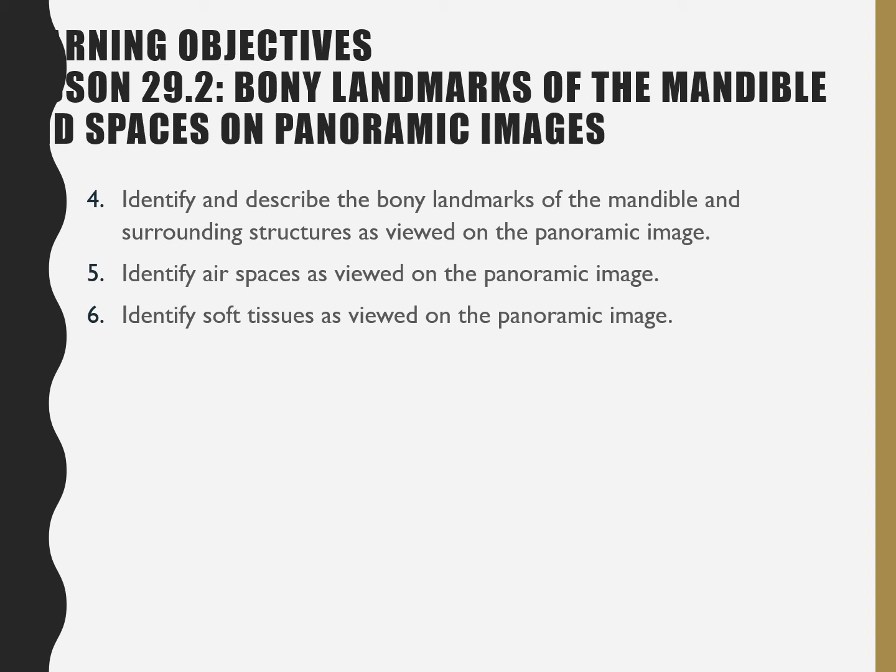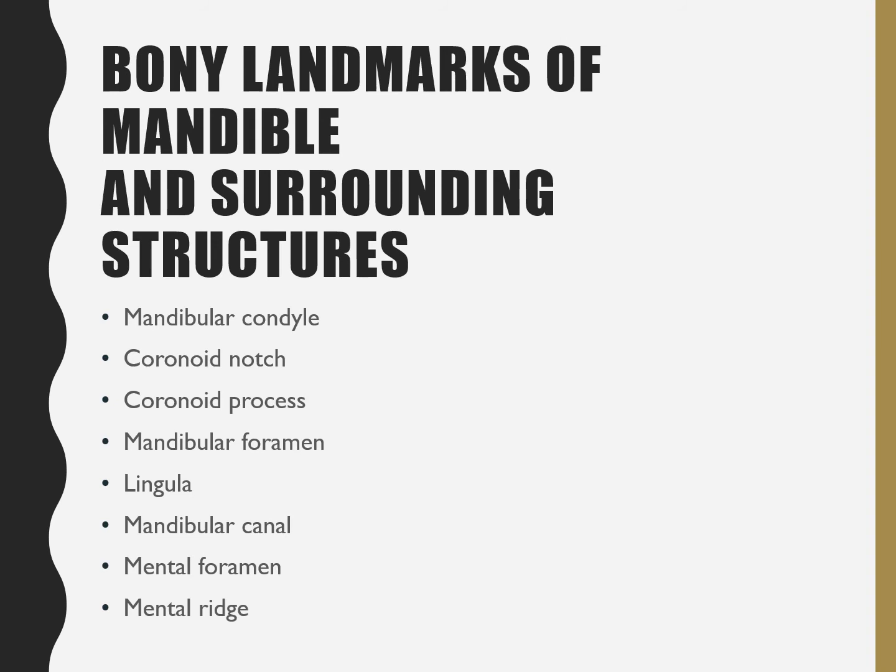Not sure what happened on this slide, but those learning objectives might have gotten cut off. Anyway, for the rest of this chapter, we need to be able to identify and describe the bony landmarks of the mandible and the surrounding structures as viewed on a panoramic image. We're also going to talk about the air spaces and the soft tissues as viewed on the panoramic image. So we will discuss the mandibular condyle, the coronoid notch, the coronoid process, the mandibular foramen, the lingula, the mandibular canal, the mental foramen, and the mental ridge.